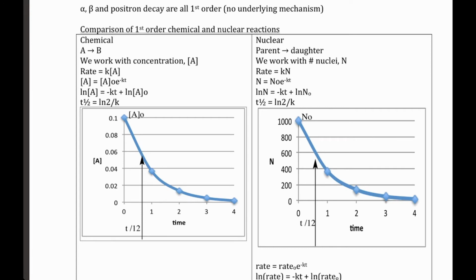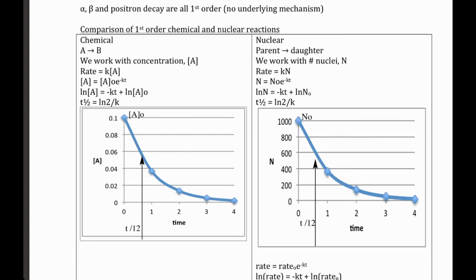So here's just a reminder of a chemical kind of first order reaction. Let's say we have chemical A forming B, and it's first order. It just simply is A breaking down to become B. So when we worked with that kind of a reaction back in chapter 12, we looked at concentration of A versus time, for example. And being first order, the rate is equal to k, the rate constant, times the concentration of A to the first power.